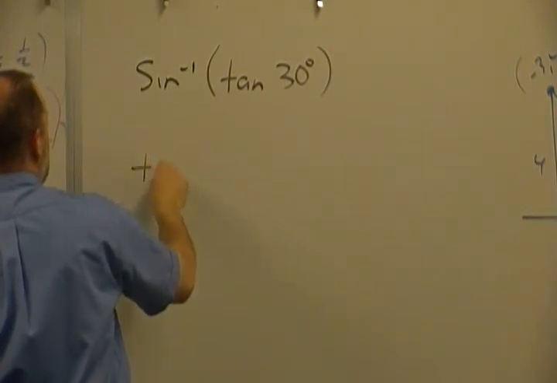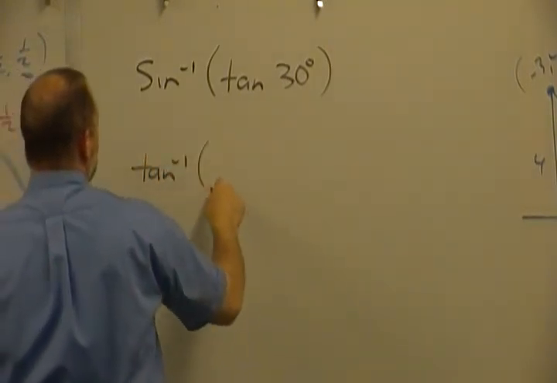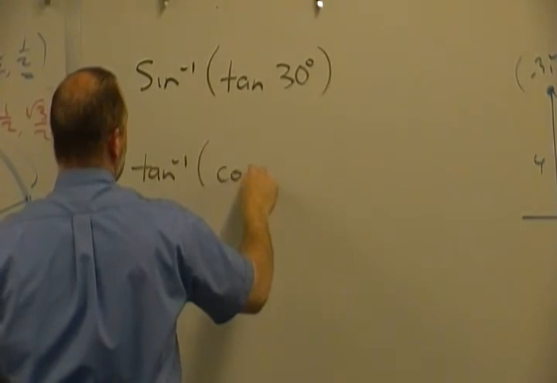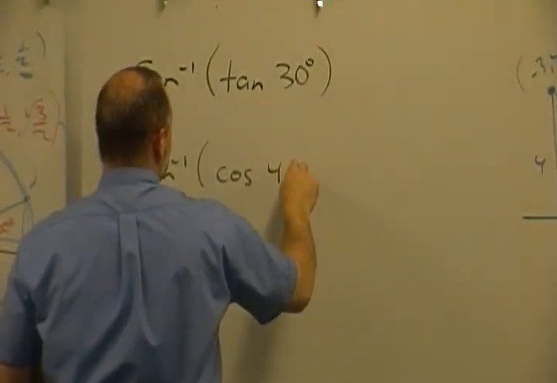Let's do tangent inverse of cosine of 45 degrees.